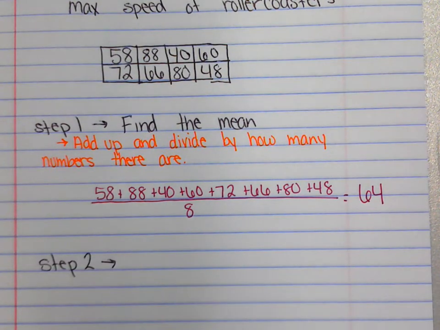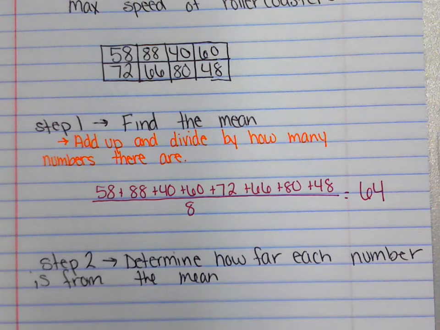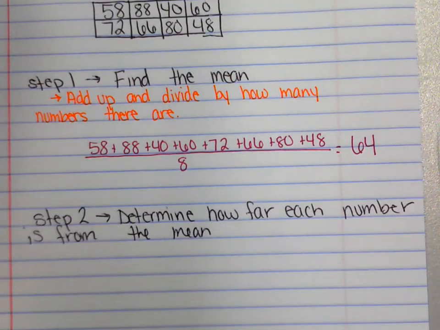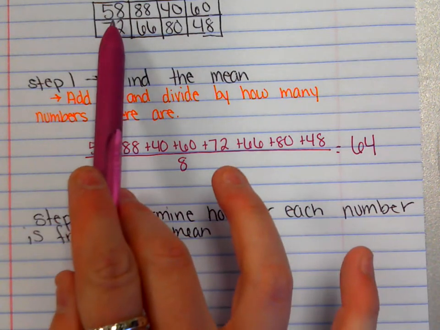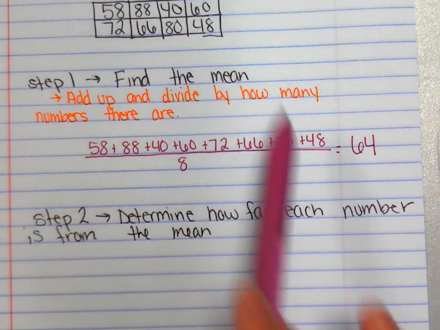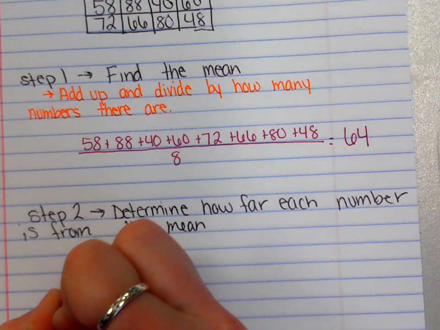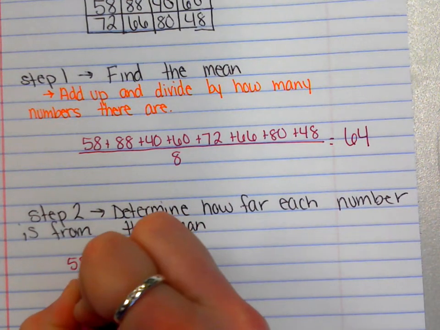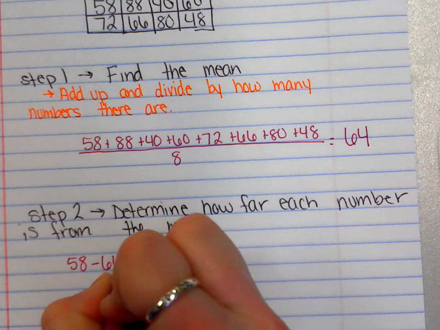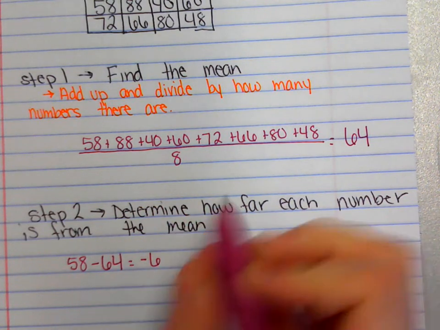And that means we're ready for step two. All right, you need to determine how far each number is from the mean. Simple way to do that is you're going to take each one of these original numbers and subtract the mean. So my original number was 58, and we're going to subtract 64, and I get -6.